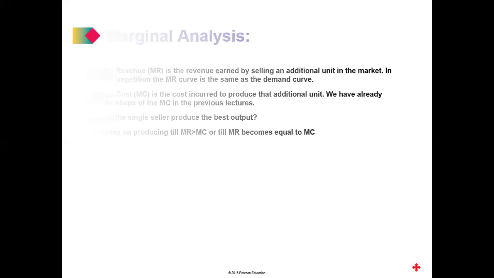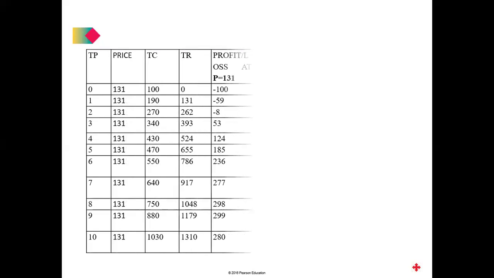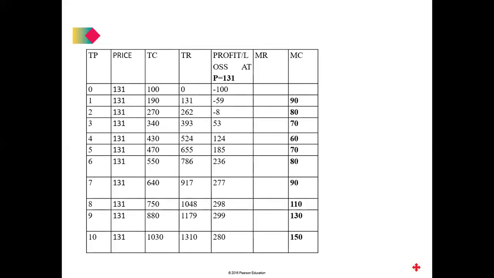Now we are going to do a table analysis, and we are going to make a similar table to the one we made in the previous video. The price in the market is 131, and the firm is going to use this price of 131 for all levels of production.